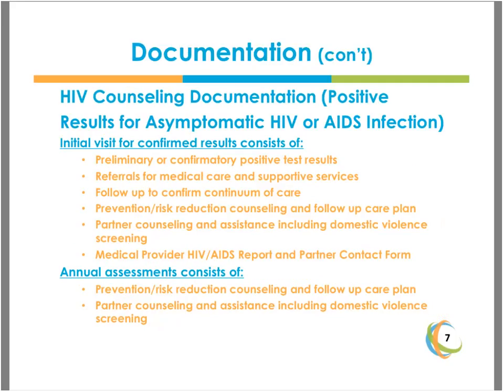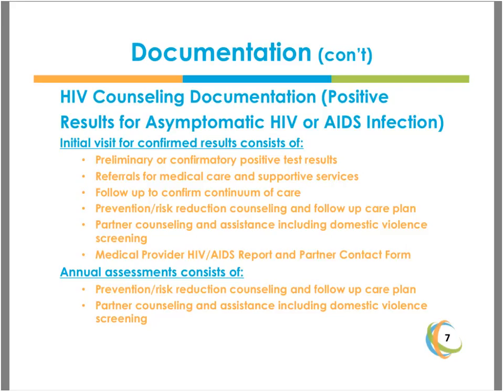HIV counseling documentation for a patient that has a positive result. The documentation should include preliminary or your confirmatory positive test results, referrals for medical care and supportive services, follow-up to confirm continuum of care.